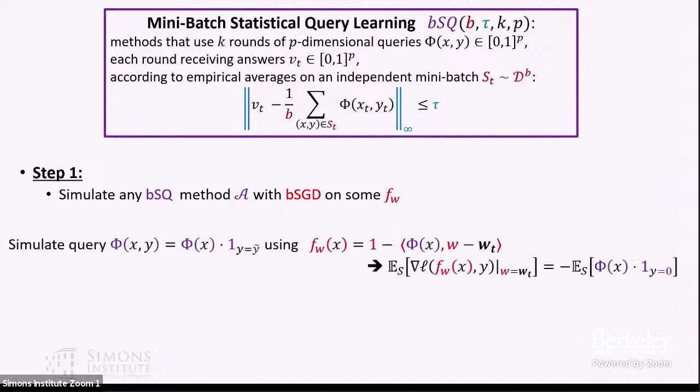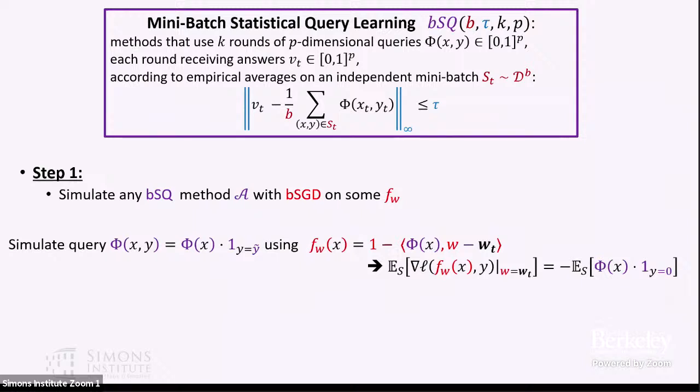The main observation, which is fairly straightforward, is that if our model is a linear function of the parameters w, where the linear function is some function of x times w, then the gradient with respect to w corresponds to this function of x. The only thing we need to worry about is that this involves x, it doesn't involve y, so we have to make sure that the gradient is 0.